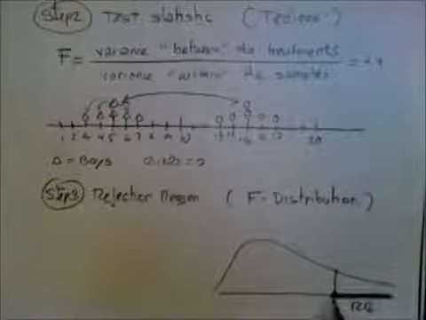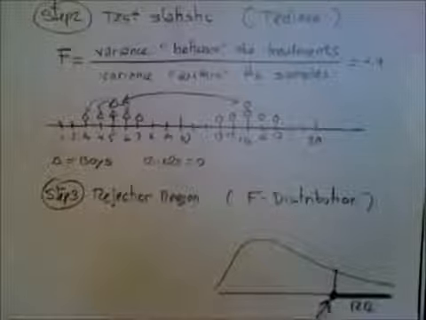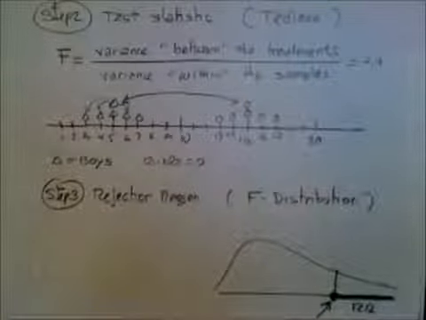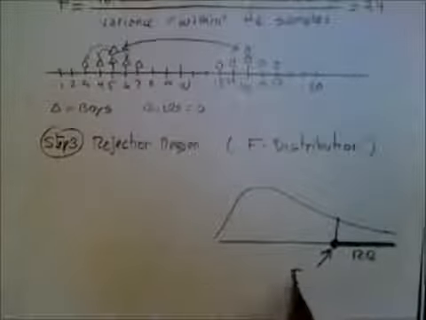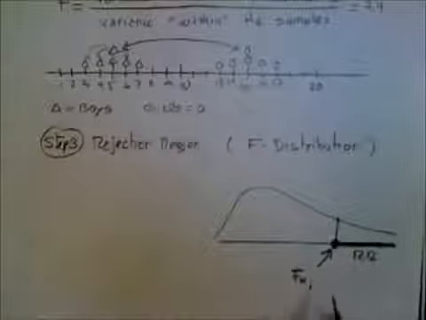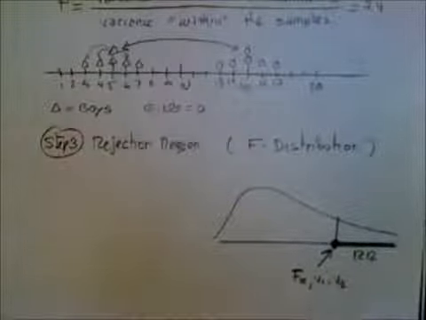The rejection region is going to be some region to the right. And this number here, which is a critical value, will be dependent on alpha and other two numbers, v1 and v2.